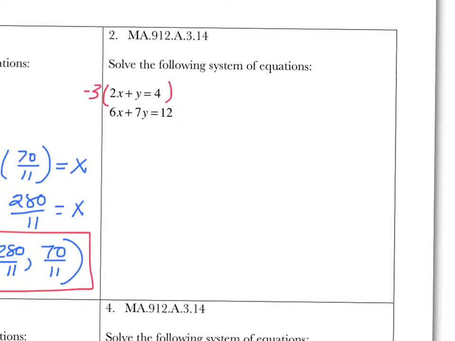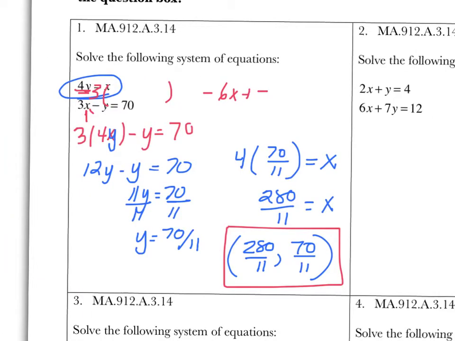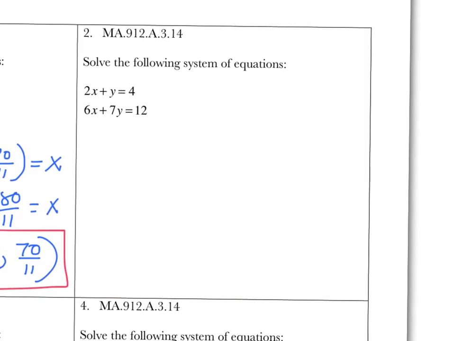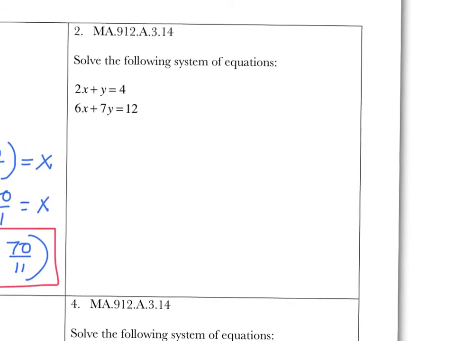Yes, because that's going to give me -6x on top. Sorry. All right, let me try this again. Multiply by -3. That's going to give me -6x minus 3y equals -12.